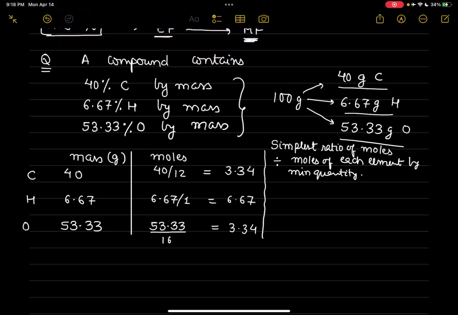The minimum is 3.34. So what I will do, 3.34 divided by that.